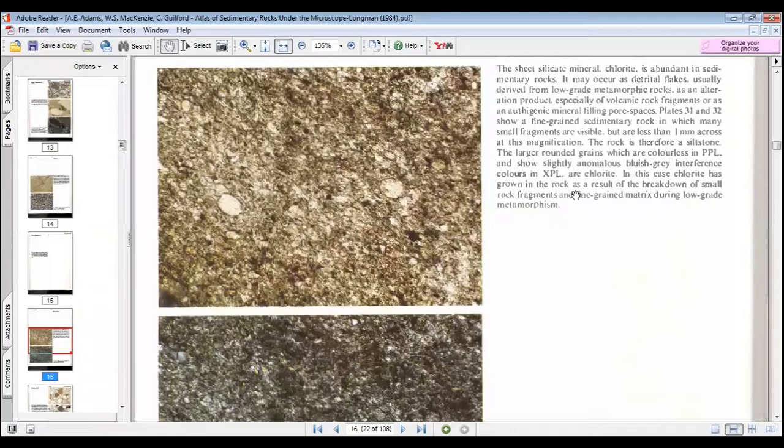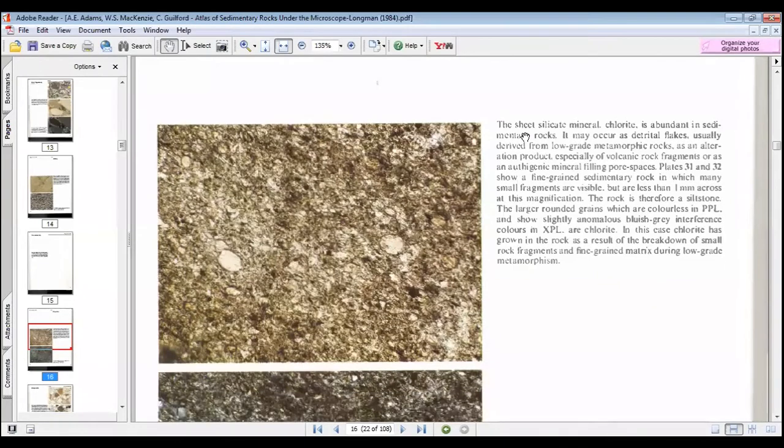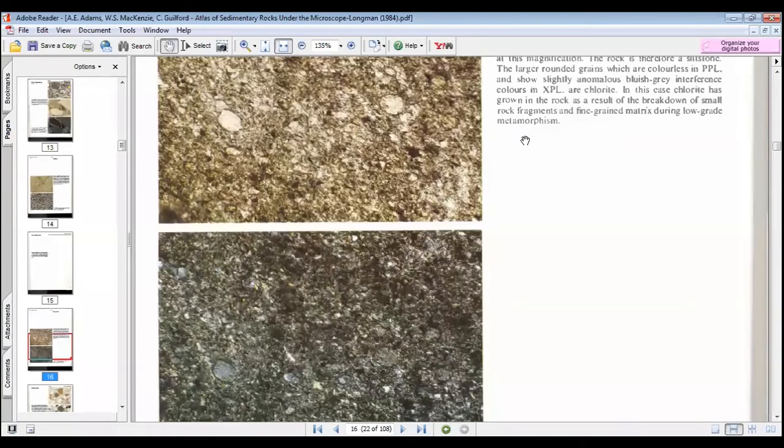So there are some slides of clay minerals here, and the first clay mineral is chlorite. However, I tell you before that the identification of clays based on thin section is very rough. It is not very exact, but we can see the chlorite is normally in the form of detrital flakes. You can see some flakes that are scattered in the thin section.